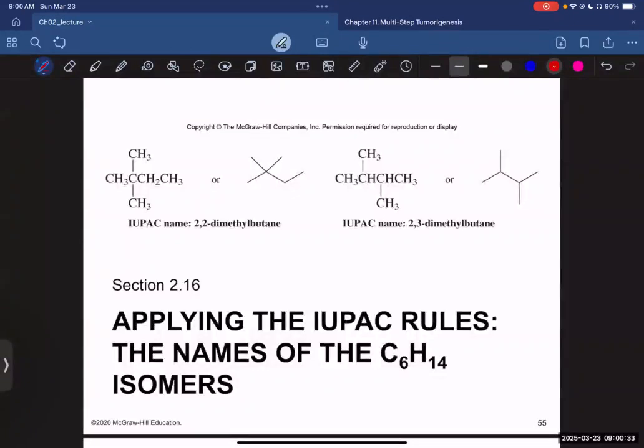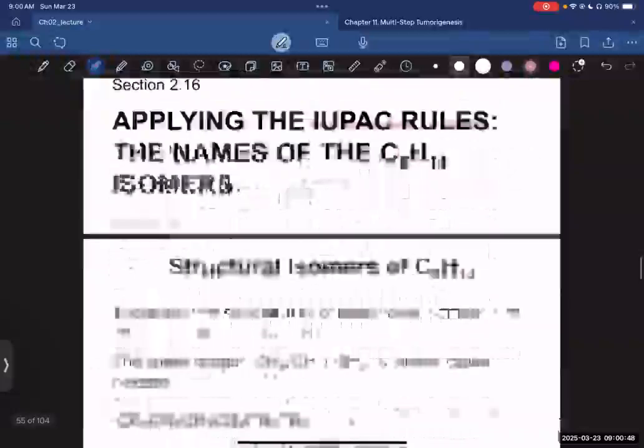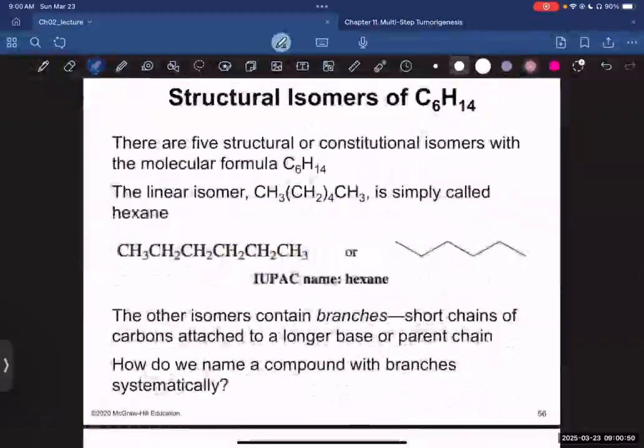So let's first go over what we covered in the previous class, because we started talking about how to name different types of compounds, and we found out that we follow a specific set of rules called the IUPAC rules. When we look at alkanes, we first see those that don't have any branching and those that do.